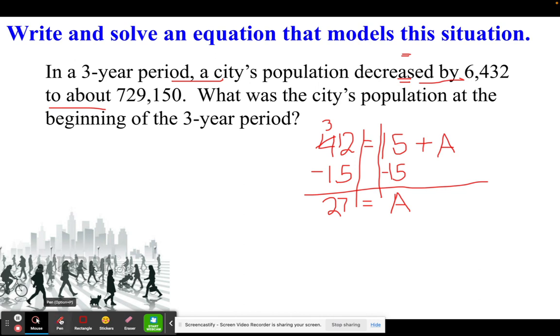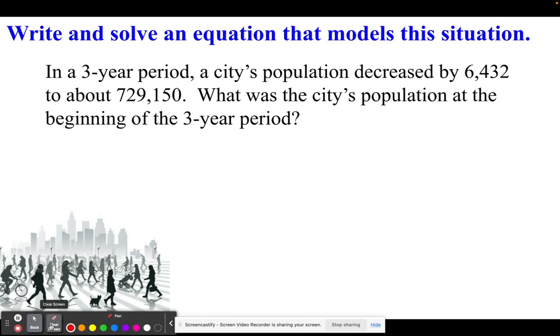Next example. Just clear my screen. In a 3-year period, the city's population decreased. That means it went down by 6,432. So we had a population, and during that 3-year period, it went down 6,432.